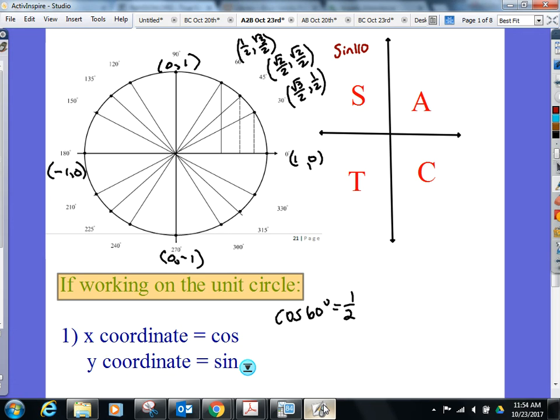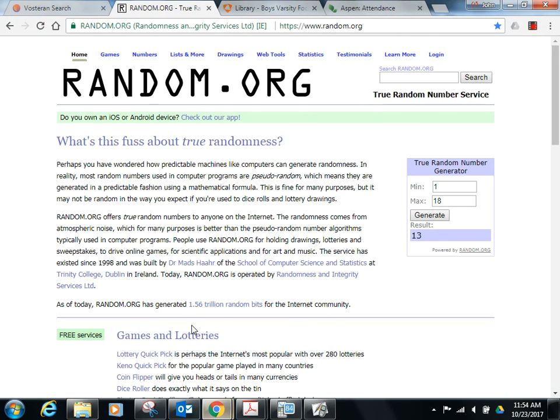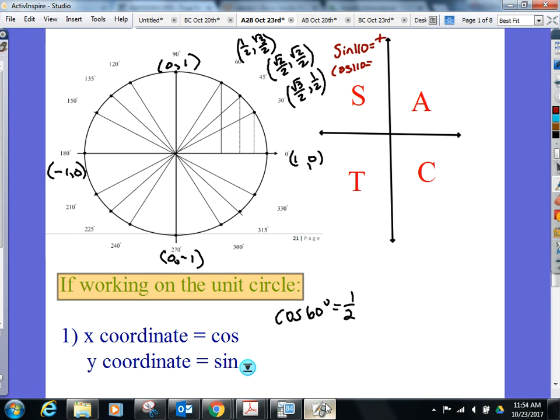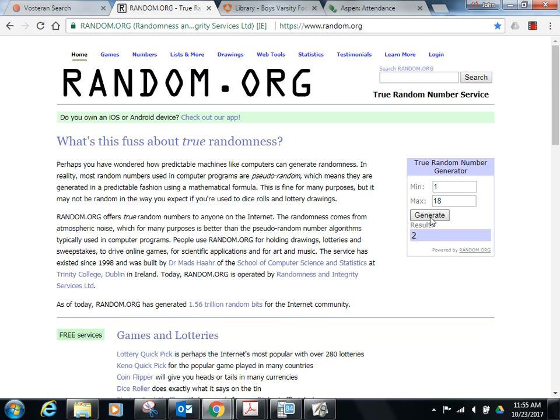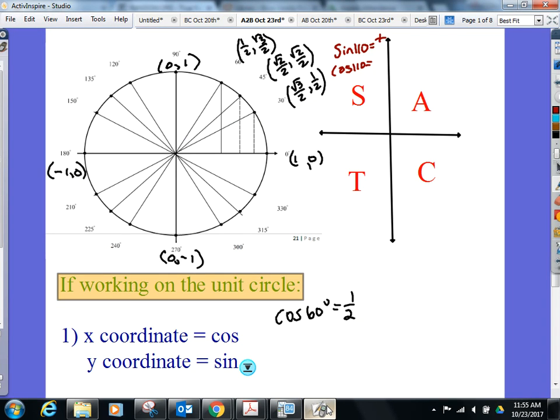Sine is positive in the second quadrant, meaning this value is going to be something positive. What if I did cosine of 110? You can at least tell me it's going to be negative.